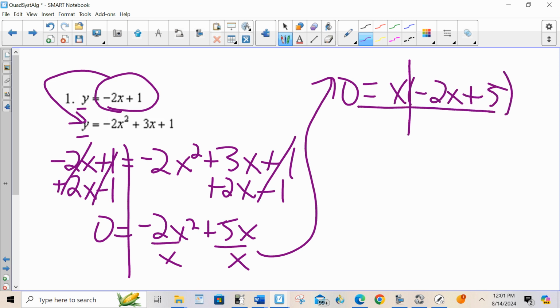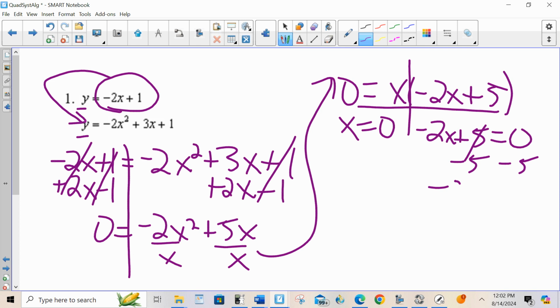I set each factor equal to 0. I set x equal to 0. I set negative 2x plus 5 equal to 0. I solve each of them. Minus 5, negative 2x equals negative 5. Divide by negative 2. Negative 5 over negative 2.